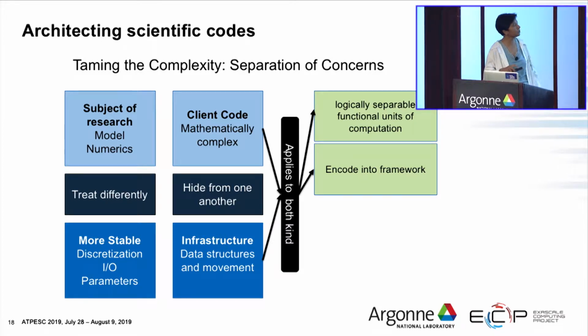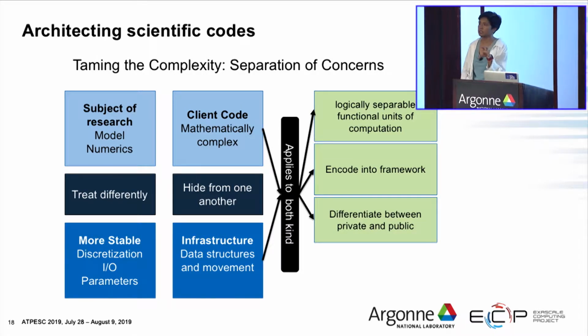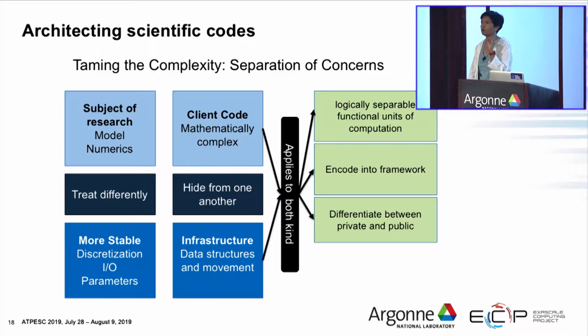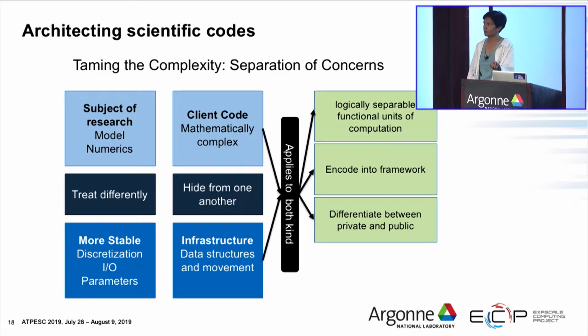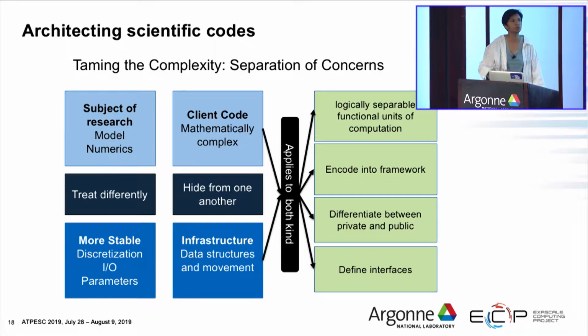These should be encoded into a framework, and within each of these entities, you should have a clear idea of what is public and private, and all of these units should be interacting with one another through interfaces of some kind. Even if there are lateral interface interactions amongst units, they should still be happening through well-defined interfaces, because that's the key to encapsulation.